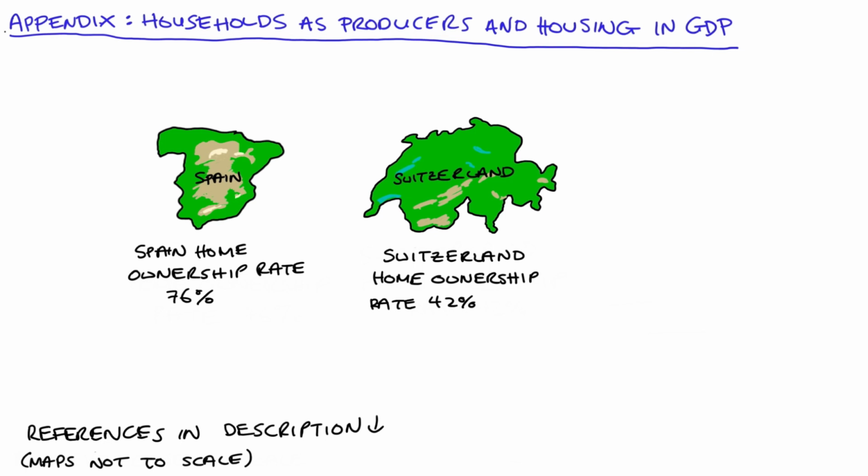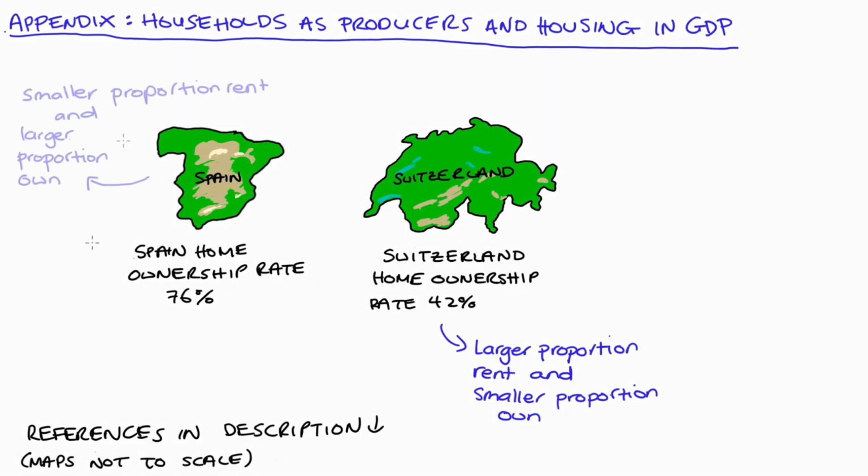So in Switzerland, a relatively large proportion of households rent and a relatively small proportion own, in comparison to Spain, where a smaller proportion rent and a larger proportion own. Now, if we didn't impute the rent of owner-occupiers, but kept on seeing rent as going into consumption, then places like Switzerland would have an inflated GDP in comparison to places like Spain, just on the basis of having proportionately more renters in their population.